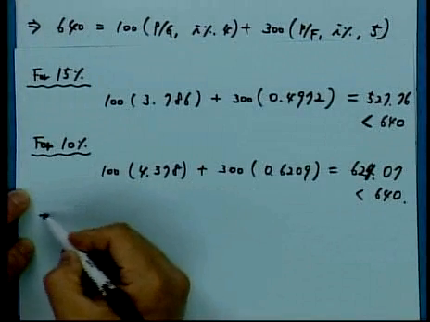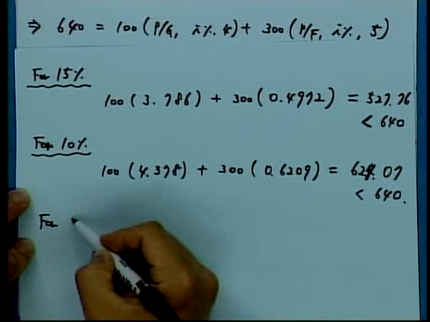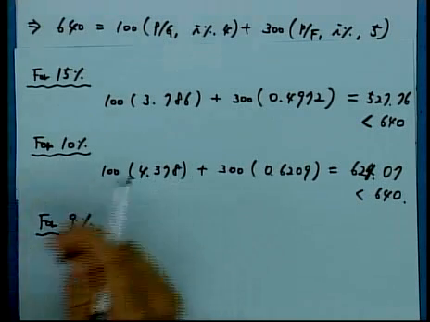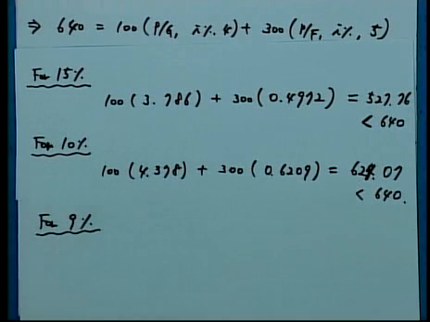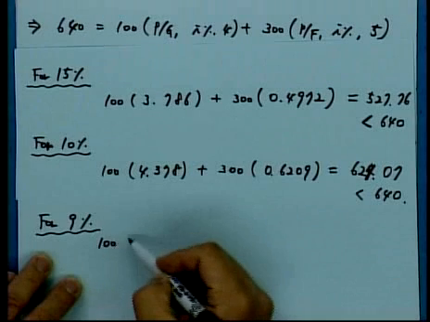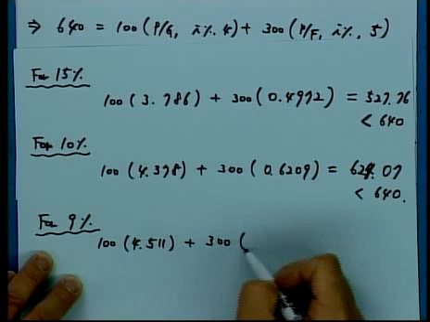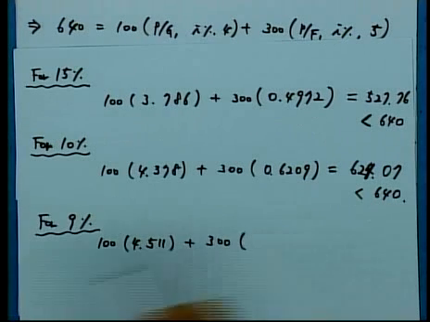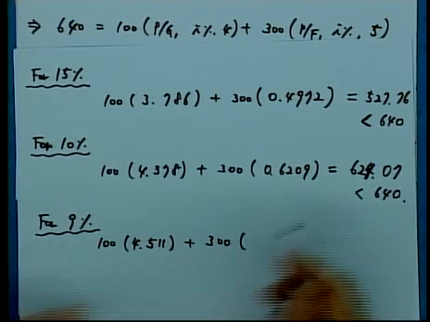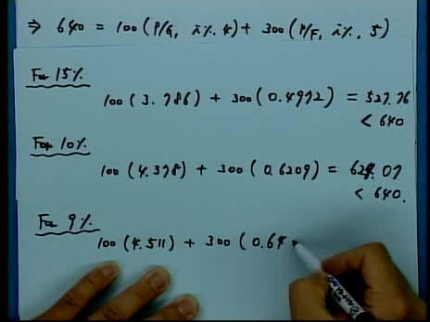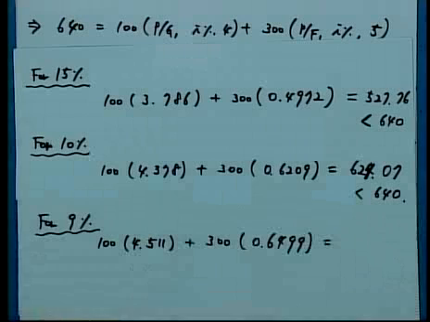So let's use 9% of interest rate. Okay. If it's 9%, P given G over 4 periods is 4.511. And P given F over 5 periods, 0.6499. So how much is this?